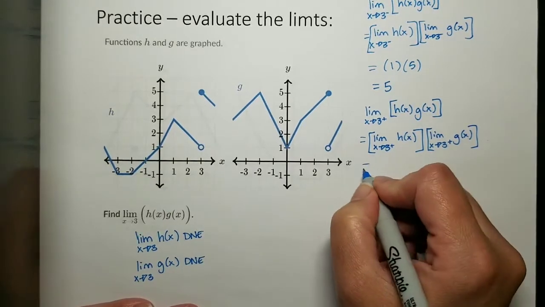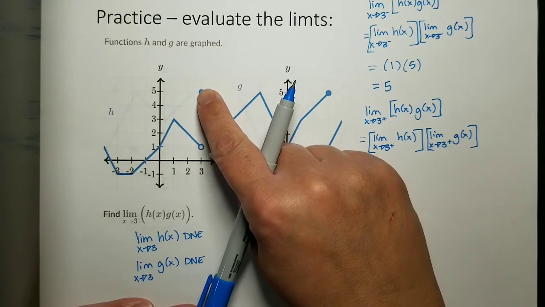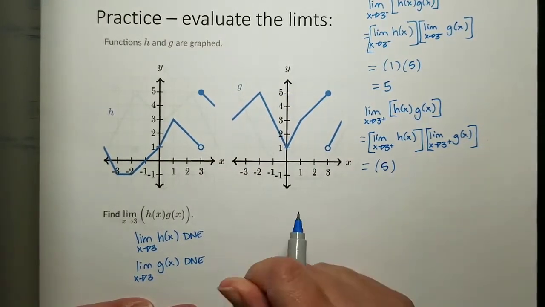Okay, so now we're going to look at our right-sided limits. For the function h, as I'm approaching from the right-hand side, I'm going closer to 5. So that's a 5, just by inspection from the graph.